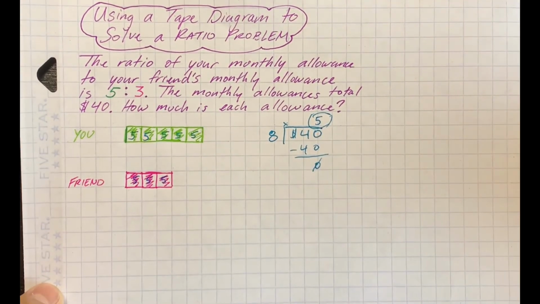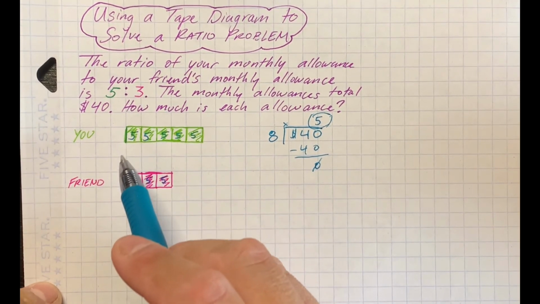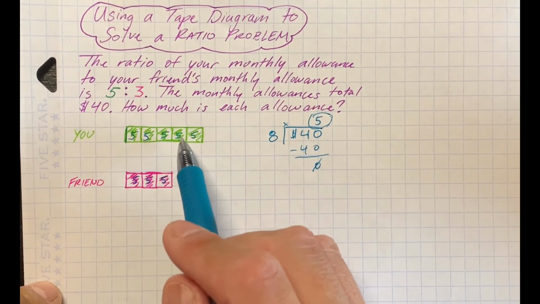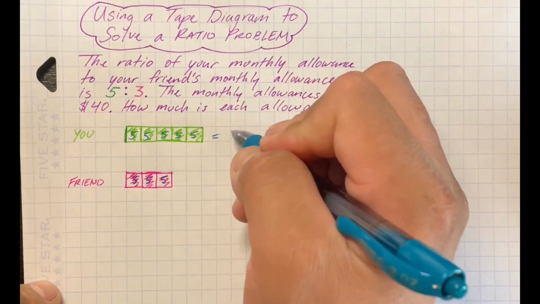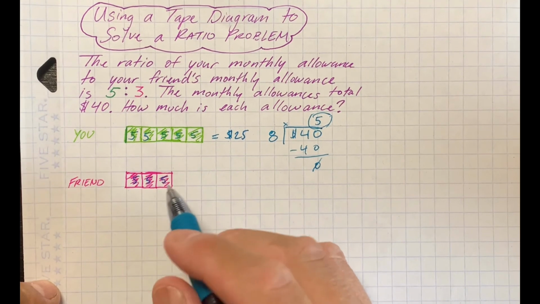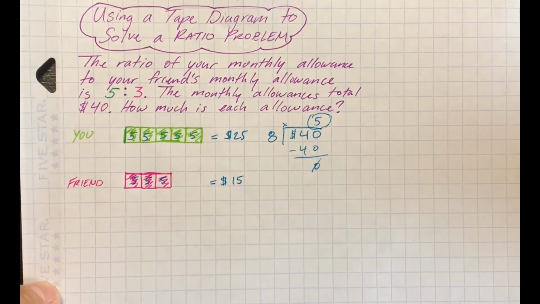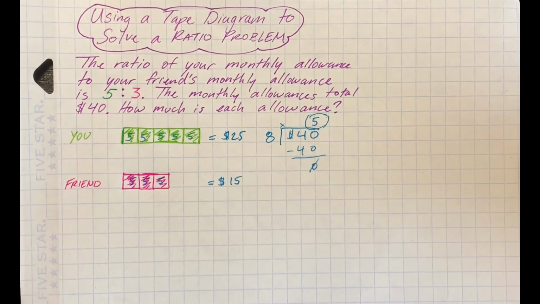So let's see how much you get paid every month. Let's count in multiples of 5: 5, 10, 15, 20, 25. Now count your friend's: 5, 10, 15. So every month you get paid $25 for your allowance, and every month your friend gets paid $15 for his or hers.